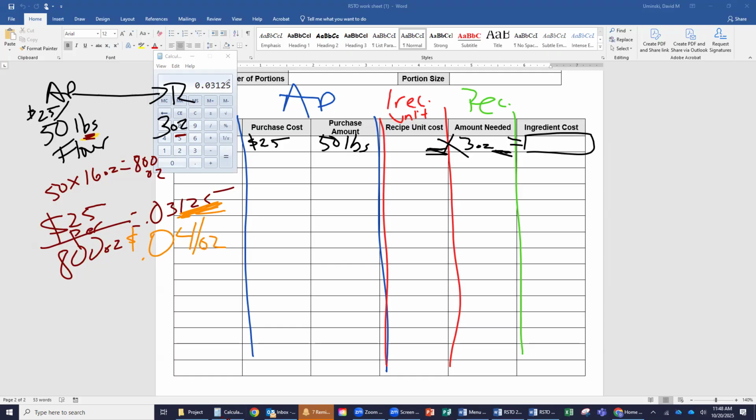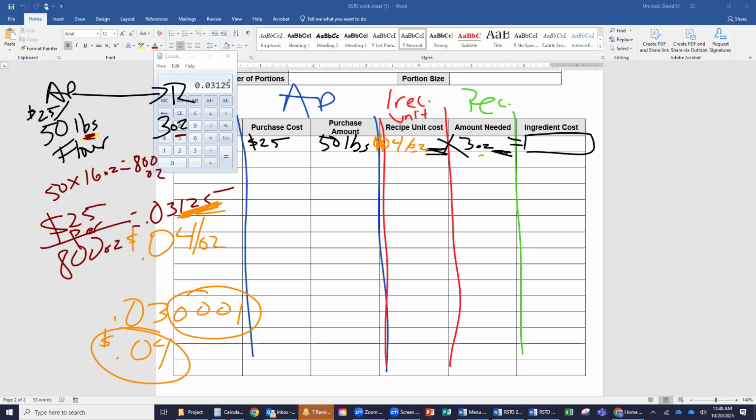I'm already at the nearest penny. But even if this number was 0.30001, I would still round that up to 4 cents, because all of these numbers are a part of a penny. That's one area that students really get caught up on, is rounding up to the nearest penny. So that's what I'm going to put right here, 4 cents per ounce.